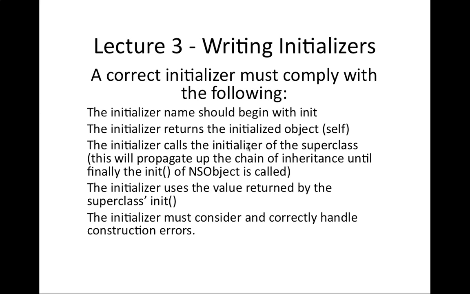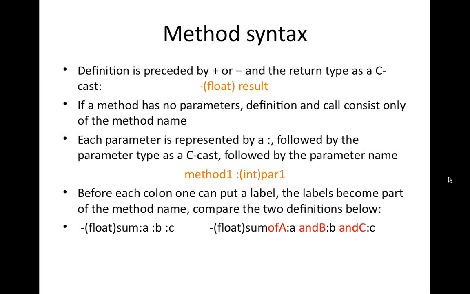The initializer calls the initializer of the superclass, and it will propagate up the chain of inheritance until finally the init of NSObject is called. NSObject is the highest level in the hierarchy, and the initializer uses the return value of the superclass's init. It starts with the present and goes back up, and finally returns from the superclass, which is NSObject. The initializer must also consider and correctly handle construction errors, which is kind of interesting.